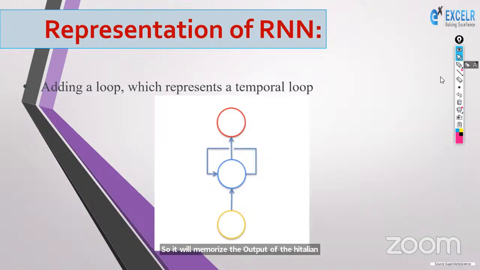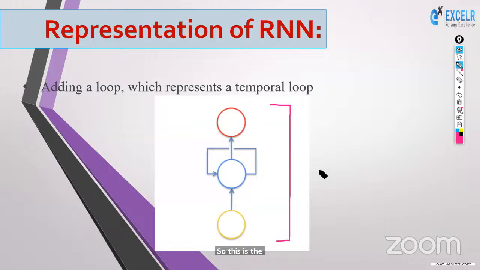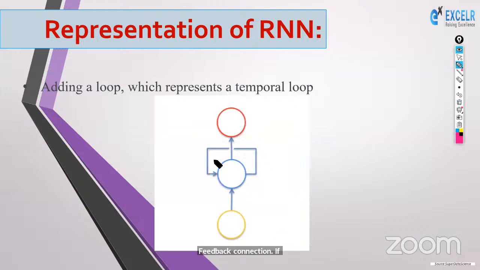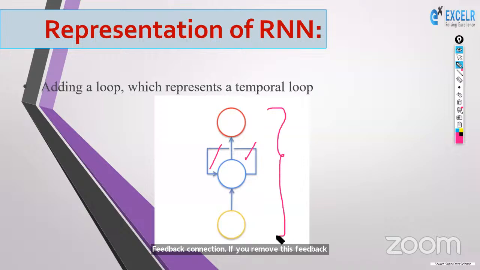So this is the representation of an RNN, a recurrent neural network. The meaning of recurrent is this particular feedback connection. If you remove this feedback connection, it will be a simple artificial neural network, right? So the major difference between RNN and ANN is this feedback connection.